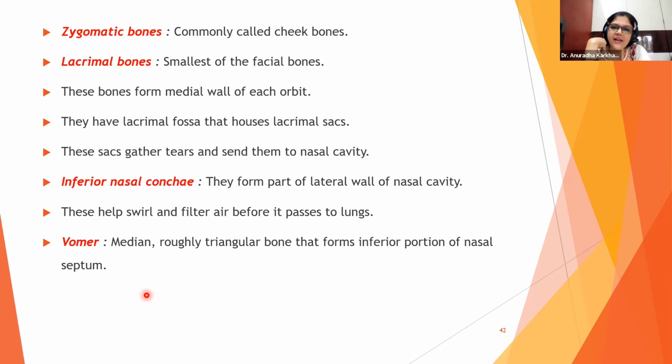So maybe not from the eyes, maybe you don't want to show that you are crying, so your eyes are not going to be showing that you're crying, but your nose does. Well, so that is going to be your lacrimal bones.